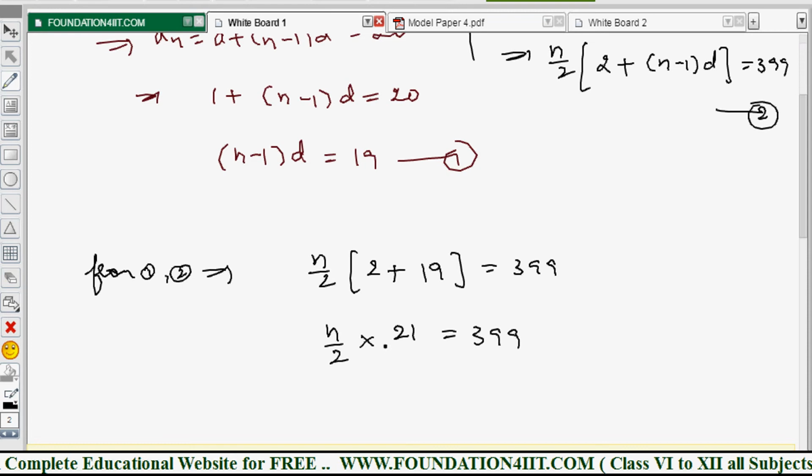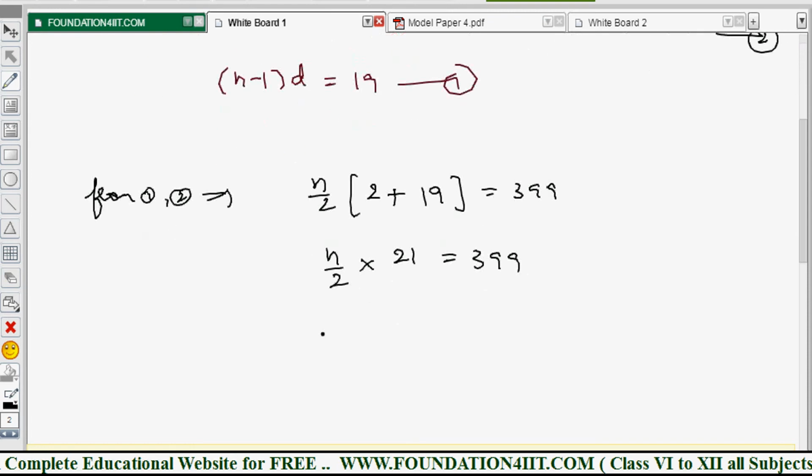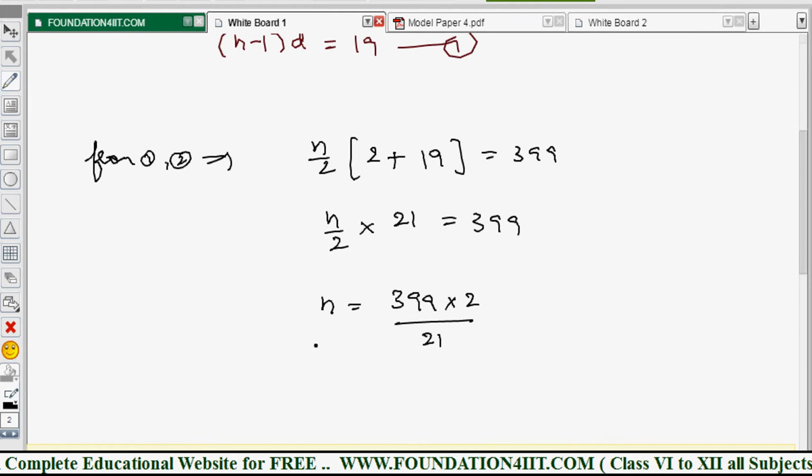Just substitute, that means n is equal to 399 into 2 by 21. So 21 ones are, and this is 19, right? Just cancel this. 21 ones are, 21 ones are.